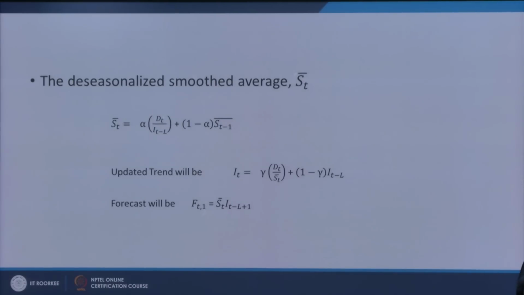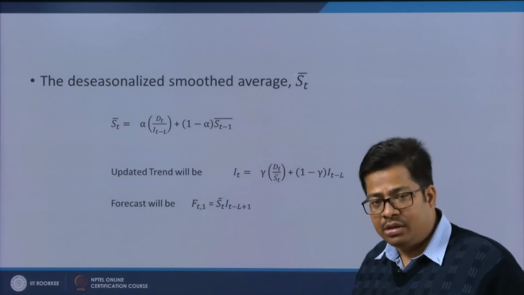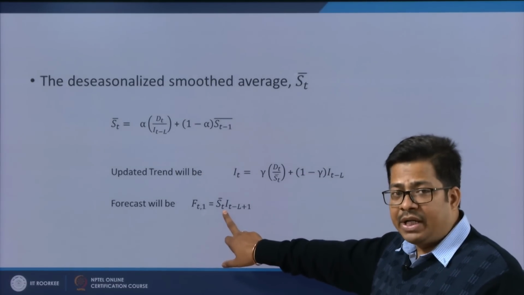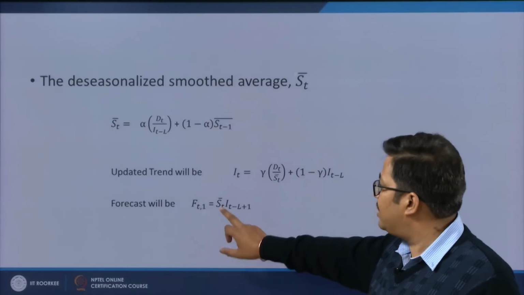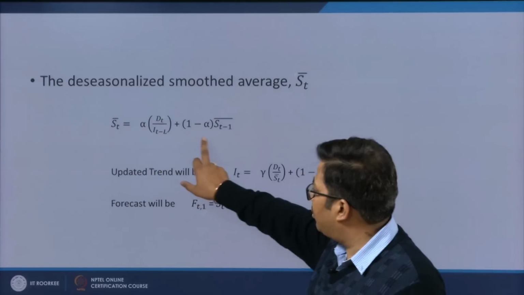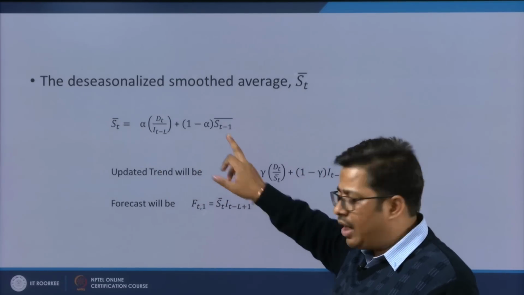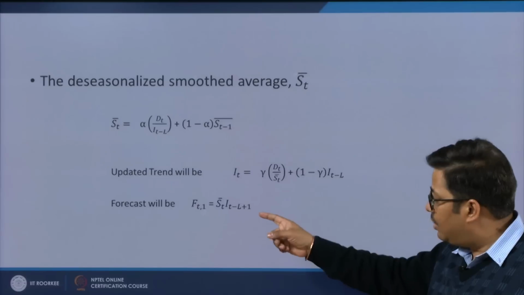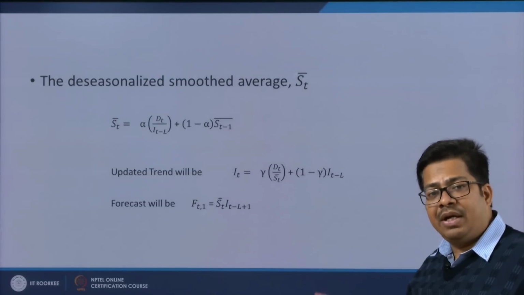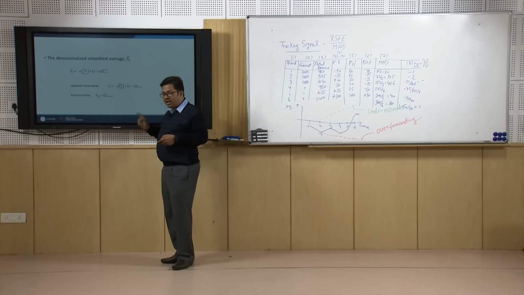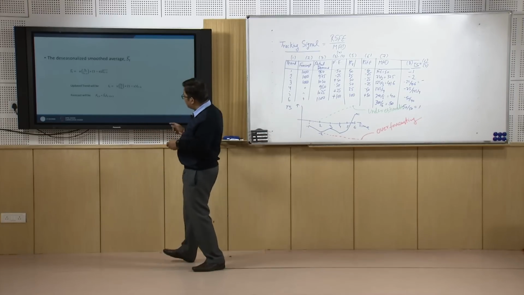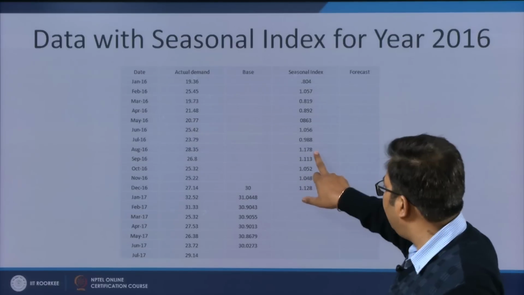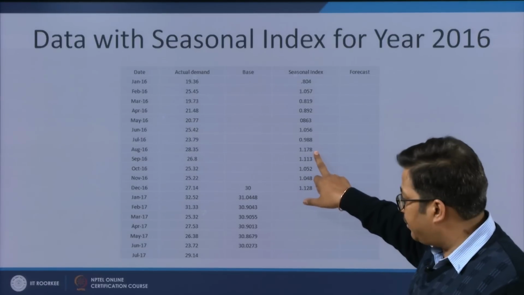For this purpose, I require two things. One is the updated base value of July 2017, which I am going to calculate from this formula, and second is I T minus L plus 1, which is the seasonal index of August 2016. That seasonal index of August 2016 is already available to me, that is 1.178.